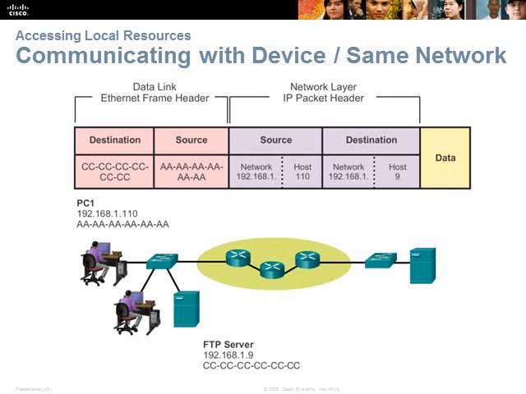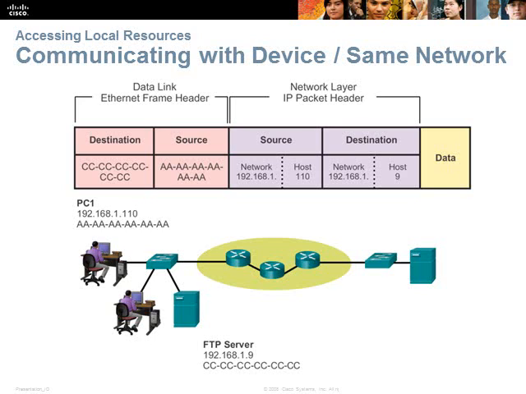You will see at the top you have the data link, you have the frame part, you have the source and destination MAC addresses, you have the network, the IP packet header with the source and destination IP addresses, and the data. Now, one interesting thing to think about here is the only thing between the PC and the FTP server is that switch.